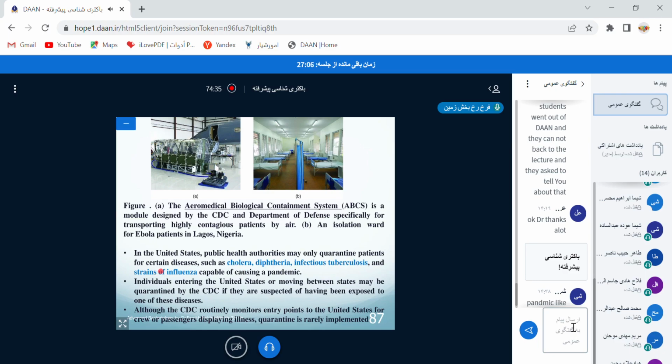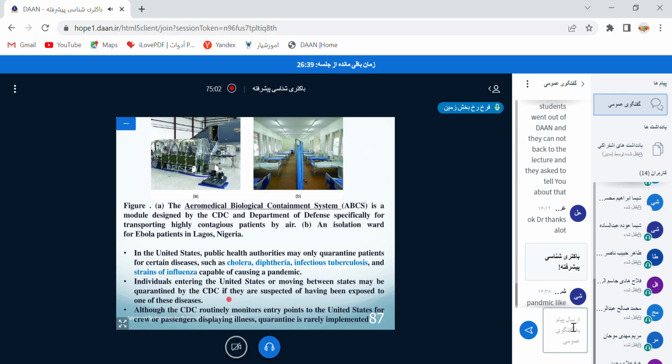In the United States, public health authorities may only quarantine patients for certain diseases such as cholera, diphtheria, and infectious tuberculosis, and strains of influenza capable of causing a pandemic.